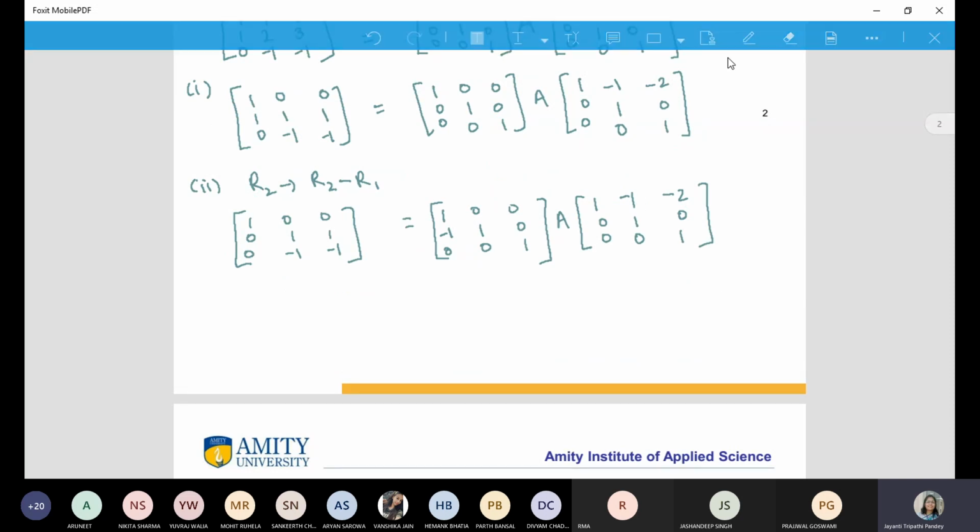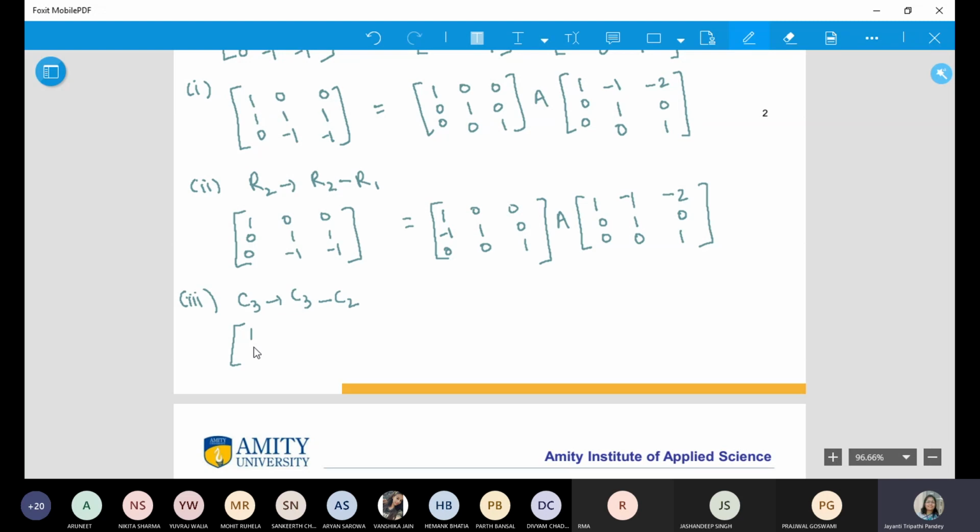Now let's think of third step. What is disturbing us? We want to make this part 0, right? So let us see if I write C3 goes to C3 minus C2.